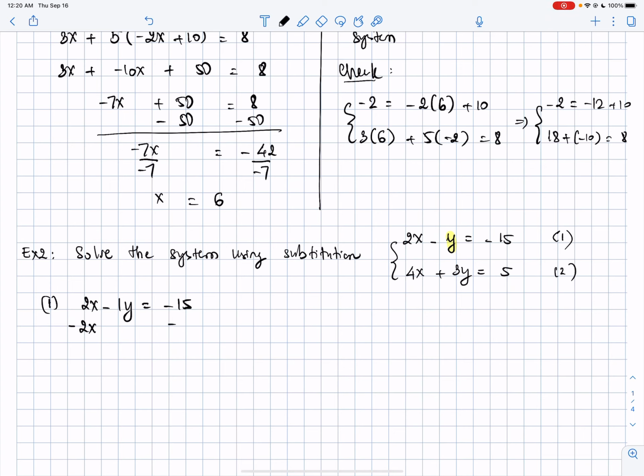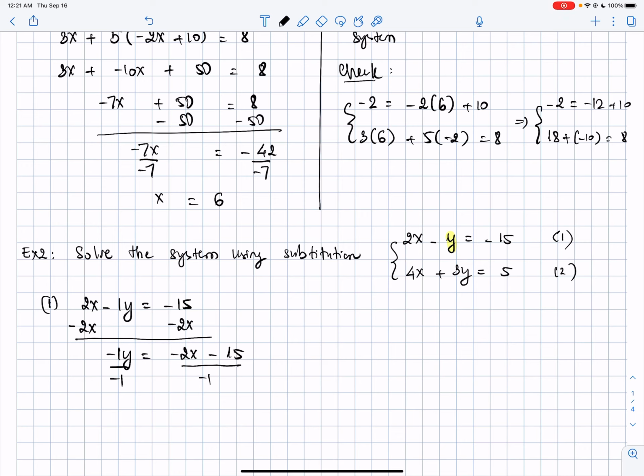Subtract 2x from both sides. Then we get negative 1y equals negative 2x minus 15. Then we divide both sides by negative 1. You know why we choose that y? Because in front of y is 1, and later on we divide by 1, and anything divided by 1 is divisible.